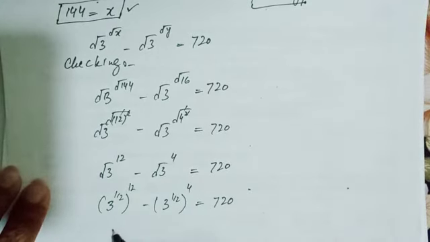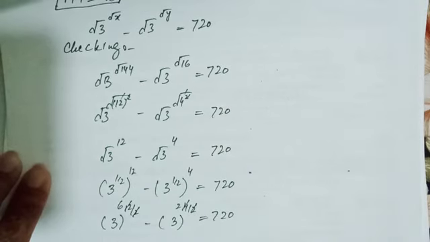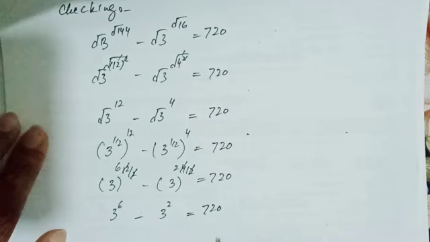So I can use the rule here by writing this as 3 to the power 12 by 2 minus 3 to the power 4 by 2, which is equal to 720. Here I get 3 to the power 6 minus 3 to the power 2 is equal to 720.